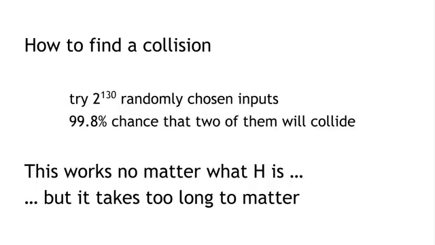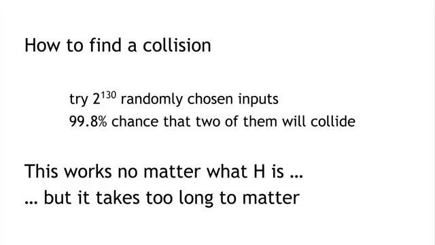This method works no matter which hash function we're using. There's still a 99.8% probability that this works, and if it doesn't work, just try it again. It'll probably work the next time. But this doesn't really matter, because this procedure takes 2 to the 130 steps in order to get to that high probability.